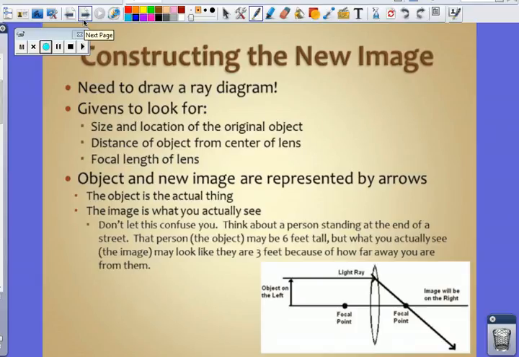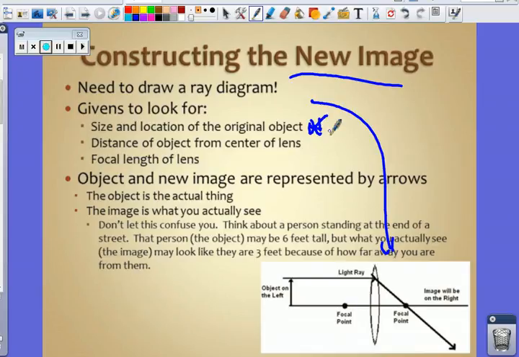Now, how do we construct these new images? If we don't have something to look through, we can do a lot of this graphically or mathematically on a page. We're going to do what's called a ray diagram, and this is a ray diagram down here. Notice you've got the principal axis, the focal points, the lens, and here's your object. We standardize things: we put the object on the left, we make it just an arrow, and we come off the tip of the arrow. So we are upright right here. The things we need to look for are the size and location of the original object.